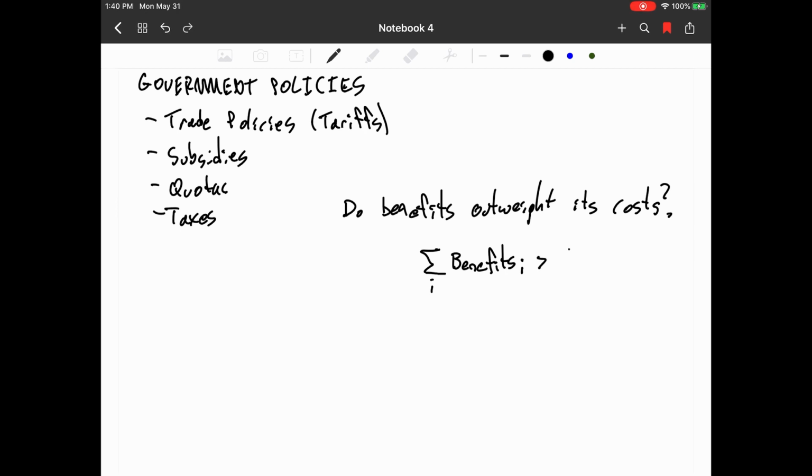And we just want to make sure that the benefits exceed the costs. So this is slightly more formal. The way we measure benefits and costs is going to be important. But this is sort of our first pass at defining how we consider the impact of a government policy. So we're going to set up a model.